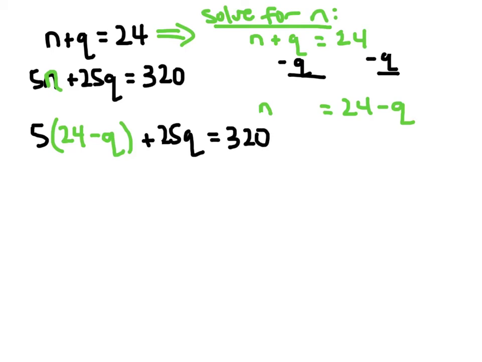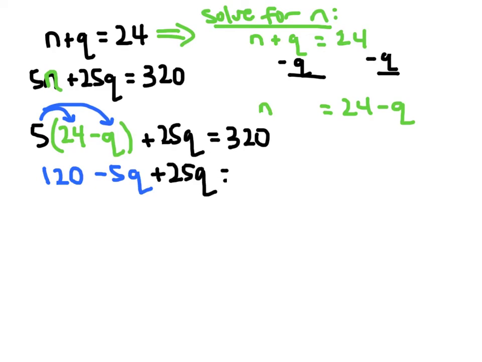In order to finish solving this equation, I will have to use the distributive property to get rid of the parentheses. So 5 times 24 equals 120. And 5 times negative q gives me negative 5q. I'll rewrite the plus 25q equals 320.